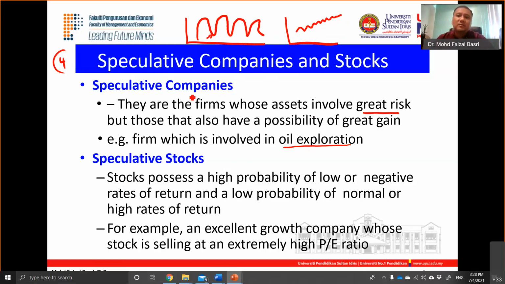Okay, so actually there's one more, the fifth one. We call them the blue chip companies. Okay, so blue chip companies, if you look at the earlier list, we had 30. So those are the blue chip companies. So what does it mean by blue chip companies?